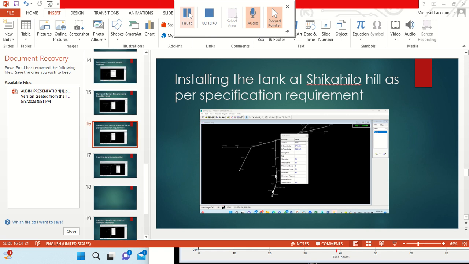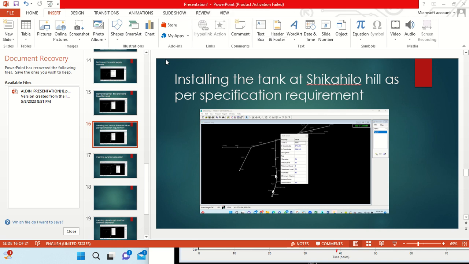So now, since we've installed the demand centers, which are very important, which are our townships, and also installed the pipes, we'll now look at installing the tank at Sikash Hill as per specification required.